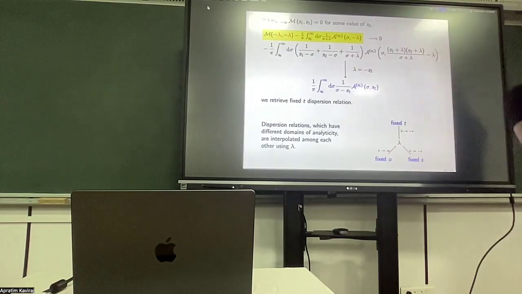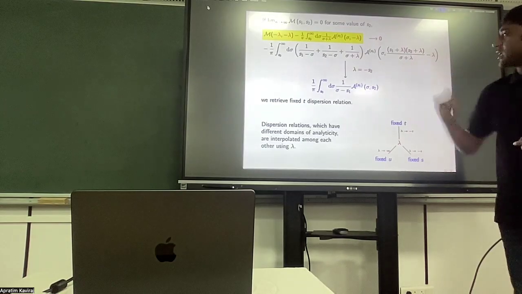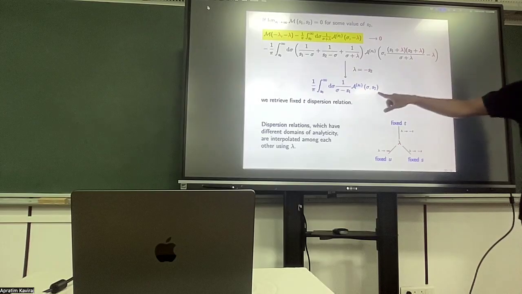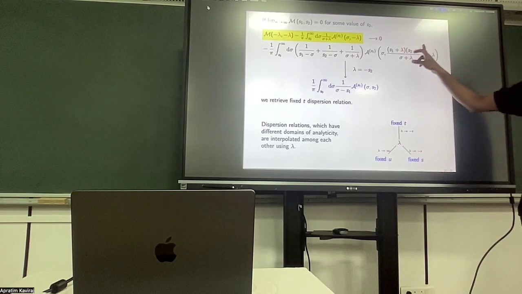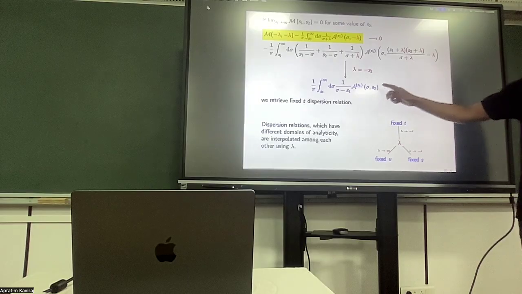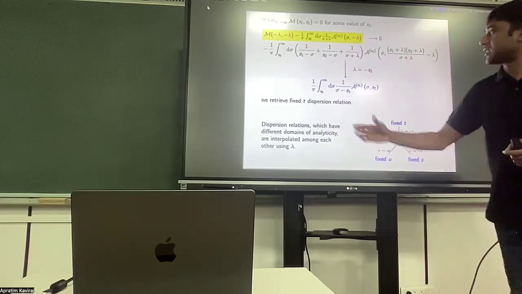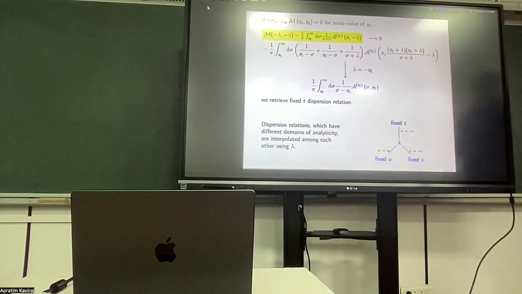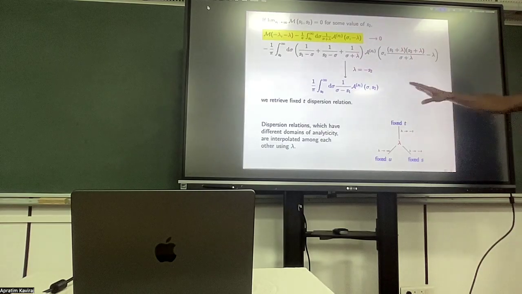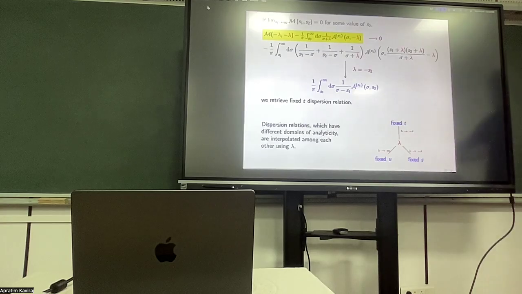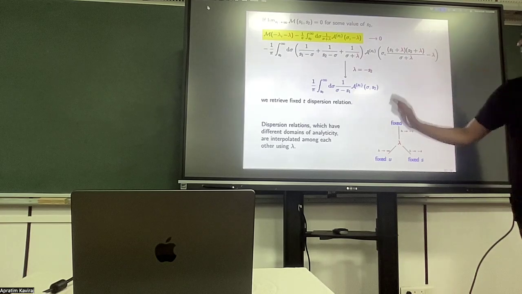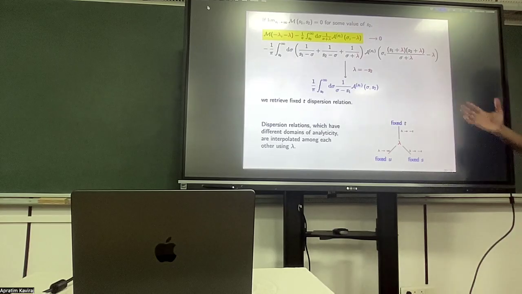Then if we tune lambda to minus S2, this one cancels, and this becomes minus lambda, which is S2. The kernel also cancels and reduces to this. And this is nothing but the fixed-t dispersion relation that we are familiar with. In that way, the dispersion relation that we have obtained, in different limits, gives us back the known dispersion relations. That's why we are saying that it's a web of unified dispersion relations that we have using this lambda.